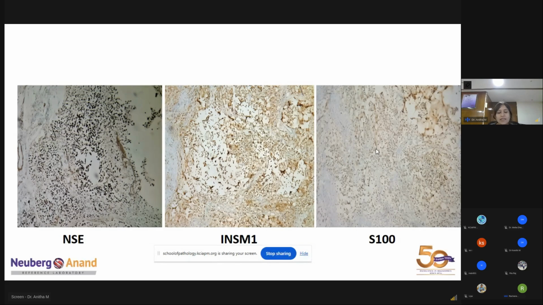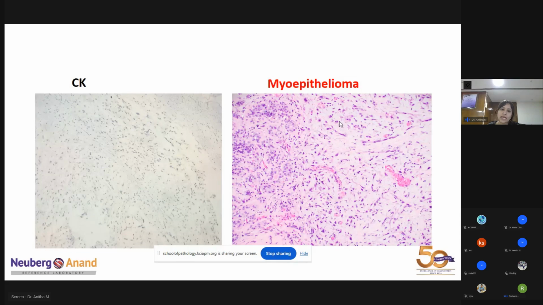With these IHC findings and the clinical and radiological findings, our diagnosis of extraskeletal myxoid chondrosarcoma was confirmed. However, we still had a differential of myoepithelioma, so we added another IHC marker, CK, which turned out to be negative.